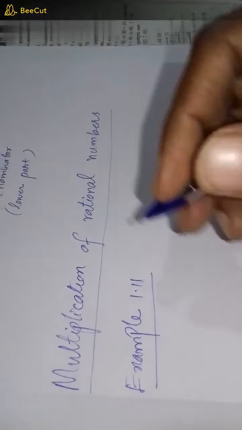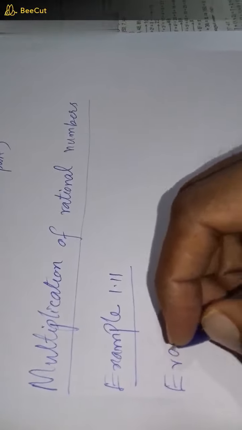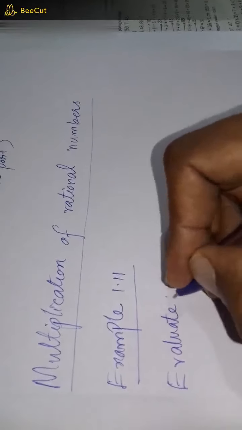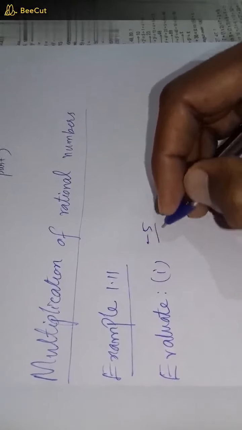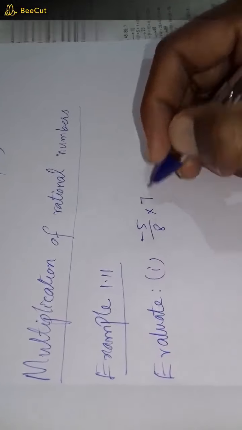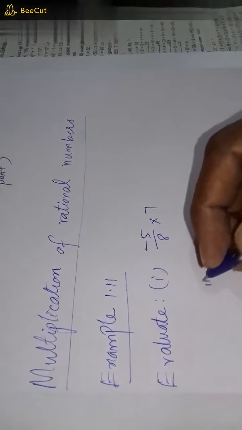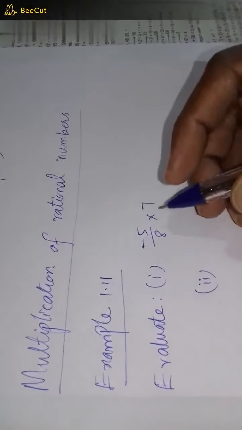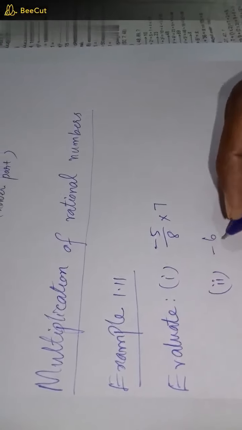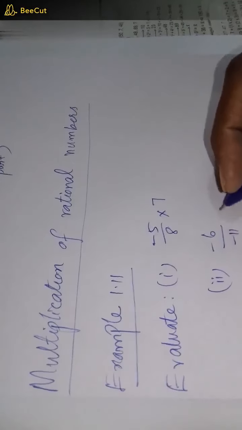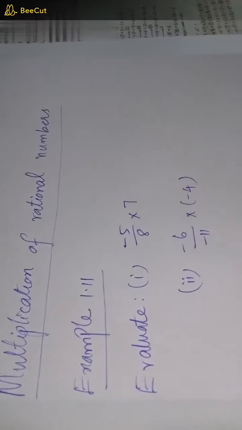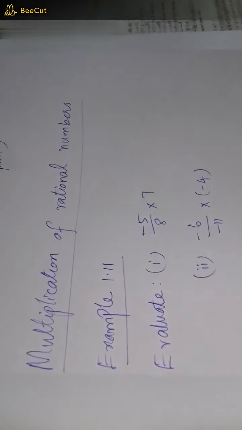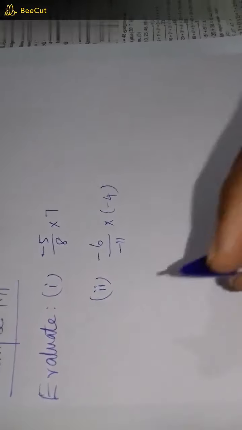Example 1.11. Evaluate minus 5 by 8 into 7. Then second subdivision, minus 6 by minus 11 into minus 4. Okay. Now let us see how to solve this problem.